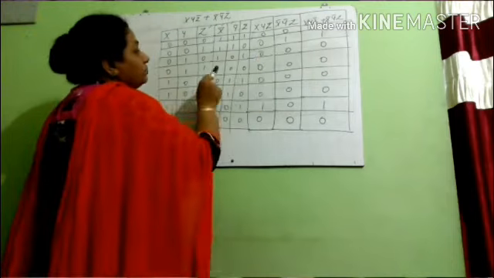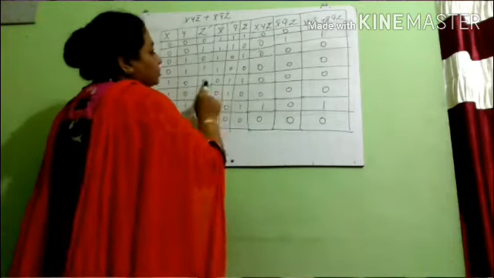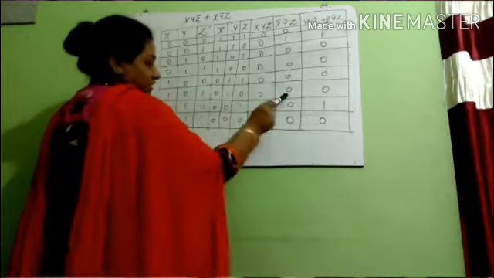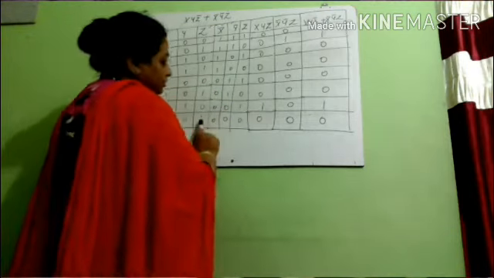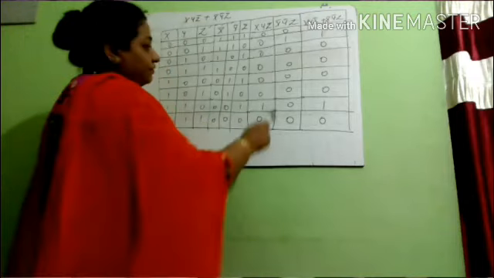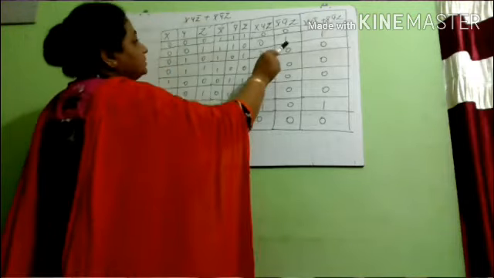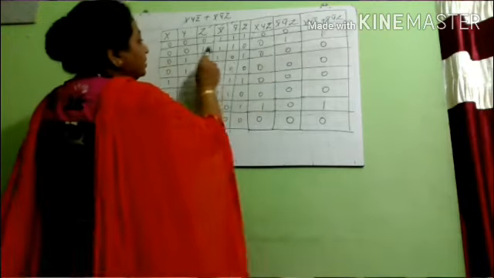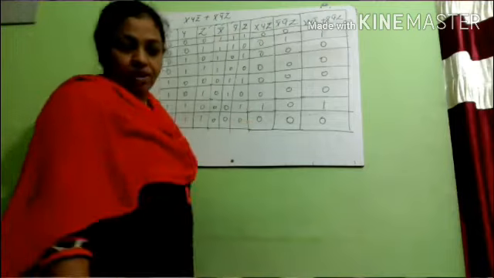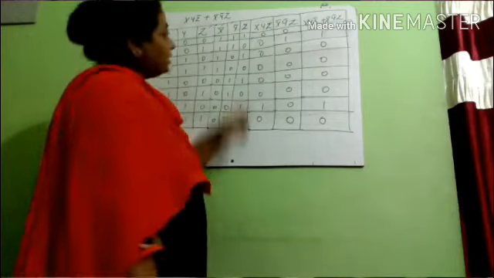Take X, Y and Z bar. 0, 0, 0 and 0 ANDed with 1 is 0, because AND says if any one of the inputs is 0, the output is 0. If all the inputs are 1, then only the output is 1, otherwise it is 0.